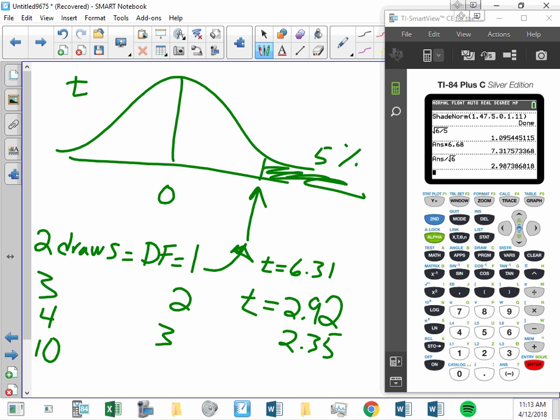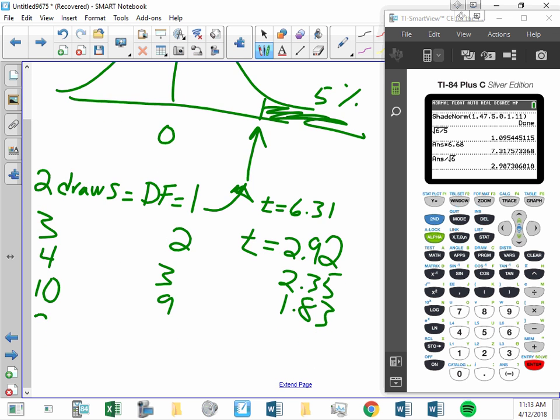Let's do 10, which would be 9, 1.83. Okay, now let's jump to 20, which is 19, 1.73, and 26, which is 25, 1.71. What's happening? It's shrinking, and it's getting closer and closer to 1.66. Do you guys see that?